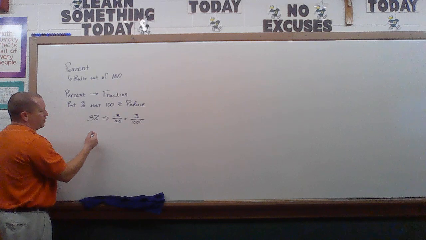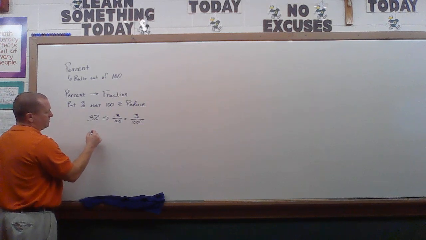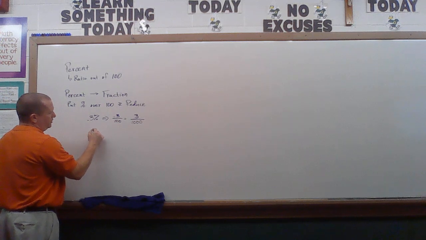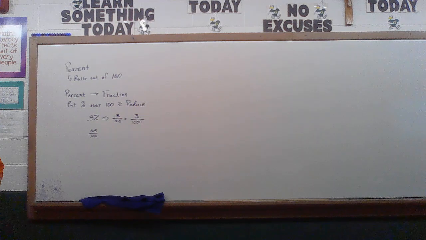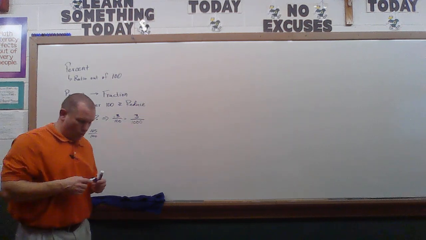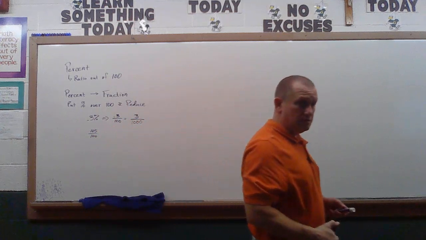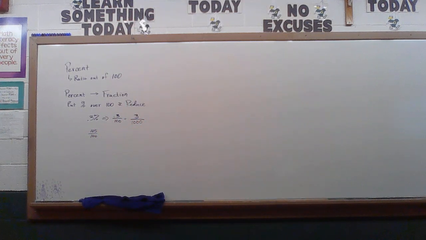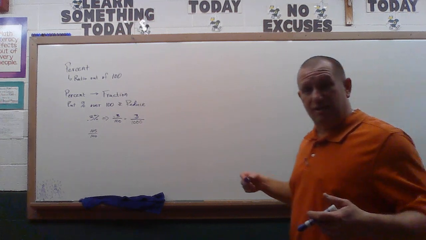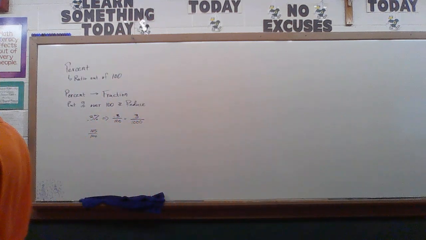And then don't forget that we could always have over 100%. So if we had 105 over 100, we can always have that too, right? And why would we have something over 100%? Like if you have extra credit? What else? Effort, maybe. Can't really judge effort, but maybe.